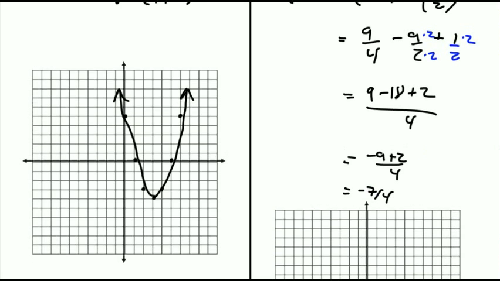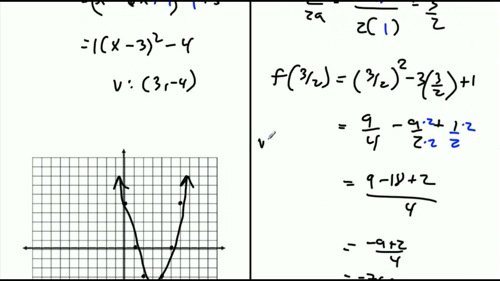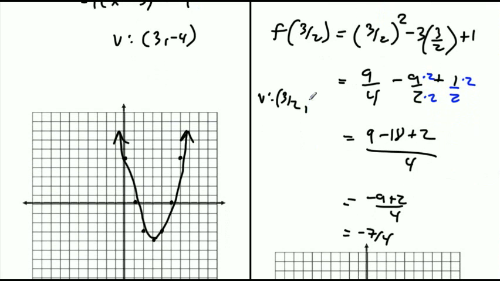So we have a vertex of 3/2 and negative 7 over 4. Okay. So now if you're asking like, dude, how do you graph that? Well, 3 halves is 1.5, and then negative 7 fourths is 1 and 3 fourths.